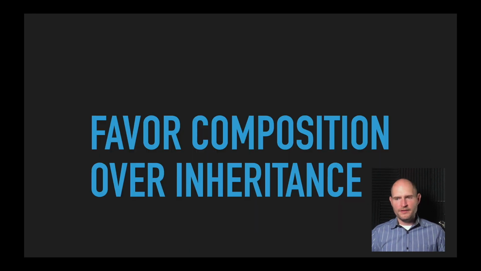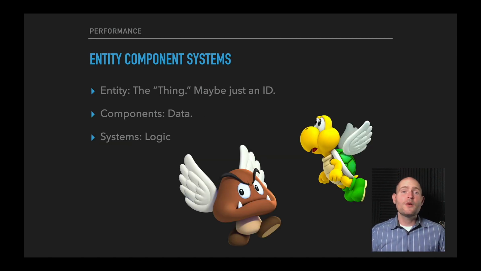Or you've heard the old phrase, favor composition over inheritance, where you'll have, say, a flying component which will sit inside of each of those separate instances of these enemies. So, in fact, if you take a step back, you could just define these different enemies as just these sort of abstract entities, and each entity has behavior.